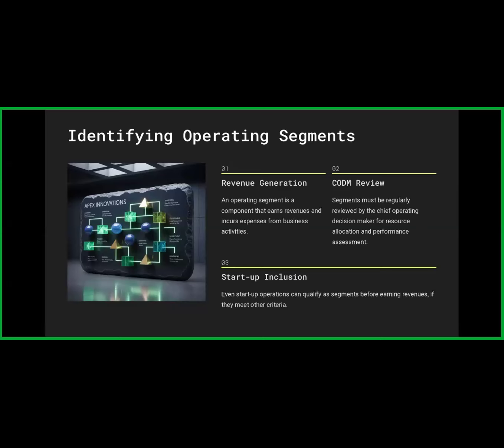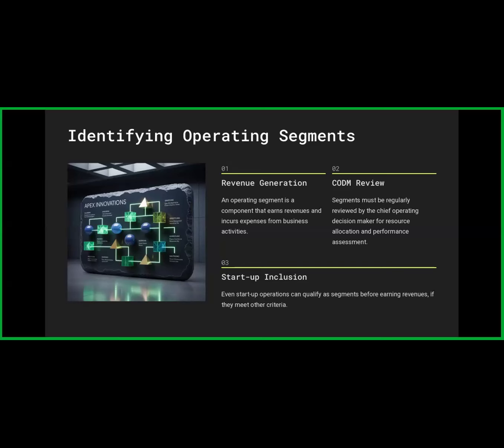Okay, so revenue generation. We call any segment an operating segment when that segment gives revenue to the company. Otherwise we don't call that process a segment. An operating segment is a component that earns revenue and incurs expenses from the business activity.